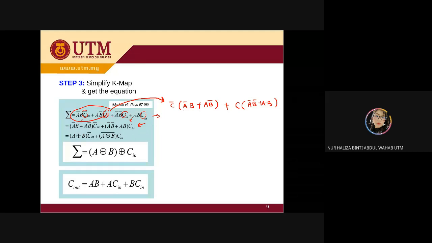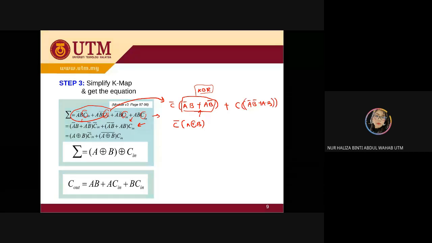From this, if you still remember at this side, this is exclusive OR. When you have A bar B plus A B bar, it is exclusive OR. That's why you will have C bar, A exclusive OR B. And then you have over here, this one is exclusive NOR.